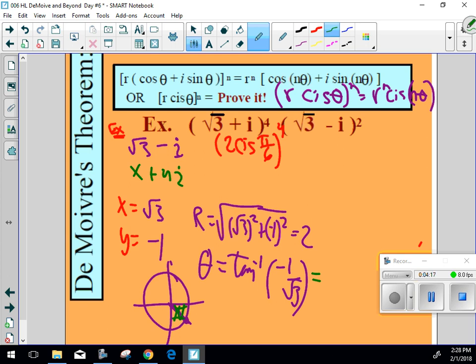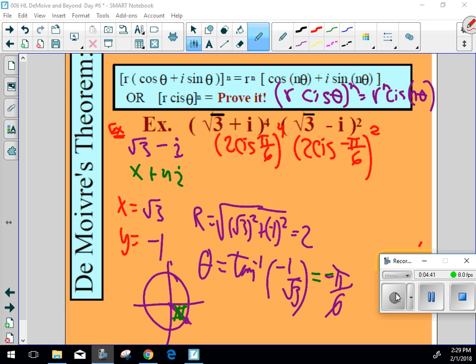No. So this is just going to be minus what? Pi over 6. Good. So rewriting this one, this square root of 3 minus I, we have 2 cis negative pi over 6 squared.